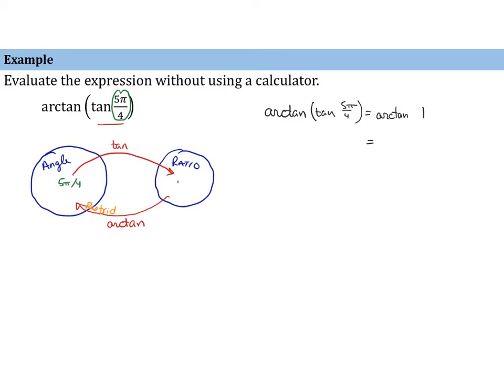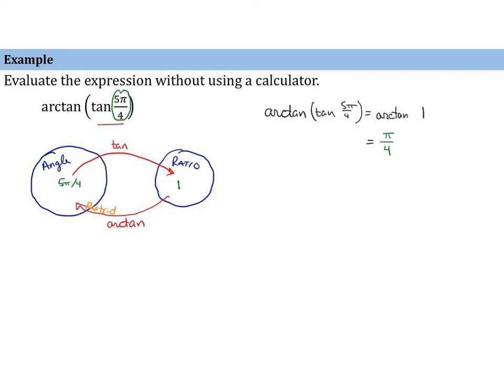So the output of tangent is 1. Now we need to go back. So 1 goes to what angle? Between negative pi over 2 and pi over 2, what angle yields a tangent of 1? And the answer is pi over 4.